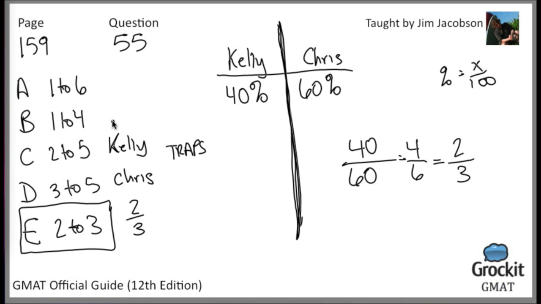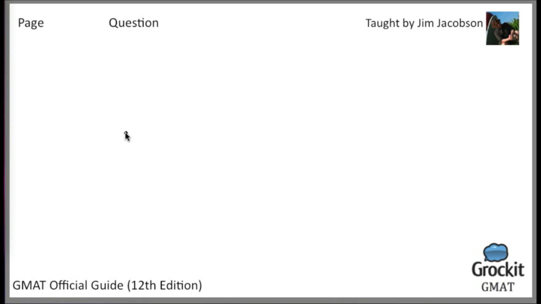And I have no idea what these other two are, other than they both use numbers from the actual problem. In any case, that was the last one on page 159. On to page 160.